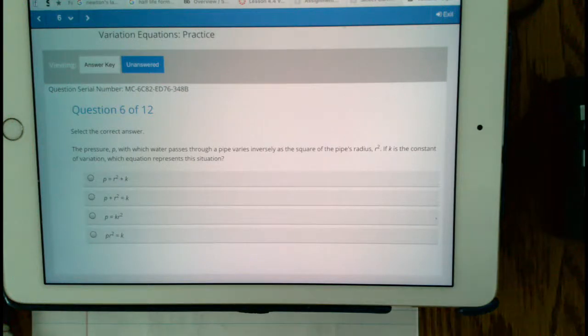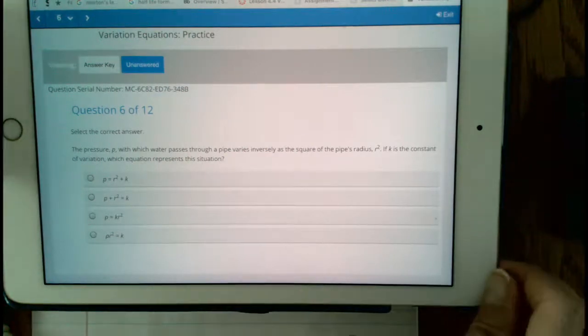Well, again, I hope that you can eliminate 2 of these answers, because we have not seen anything with addition in either varies directly or inversely.